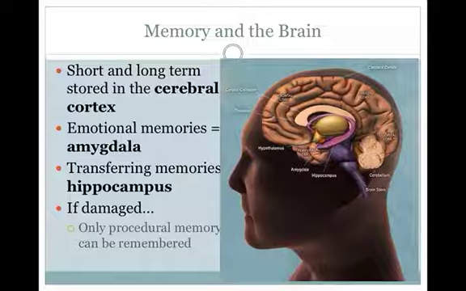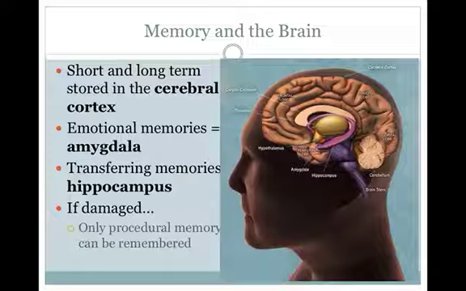We also transfer our memories through the hippocampus, right through here, kind of this curved area, kind of this pinkish purple. Now, if it's damaged, only procedural memory can be remembered.